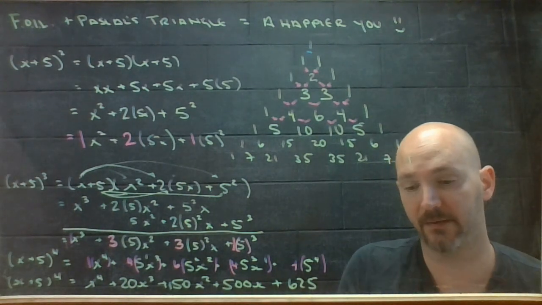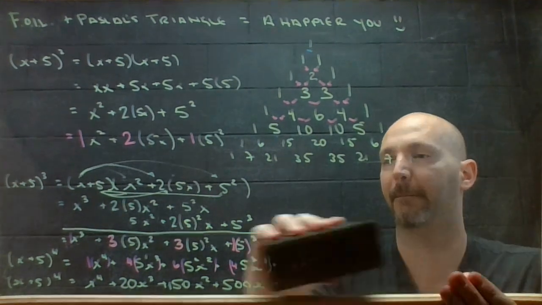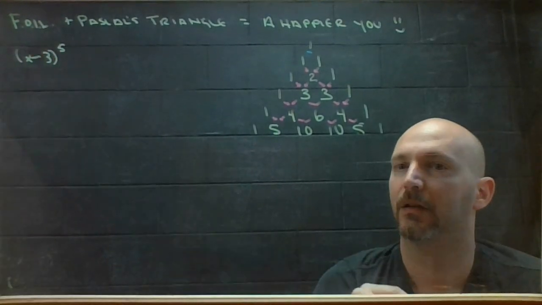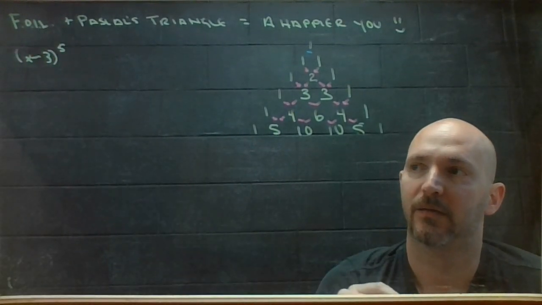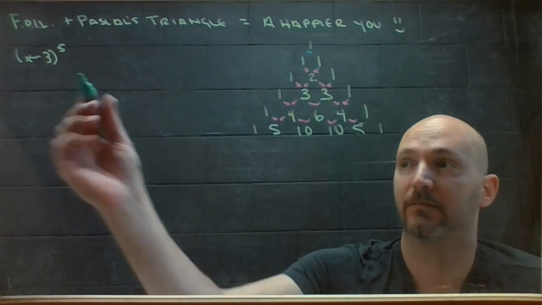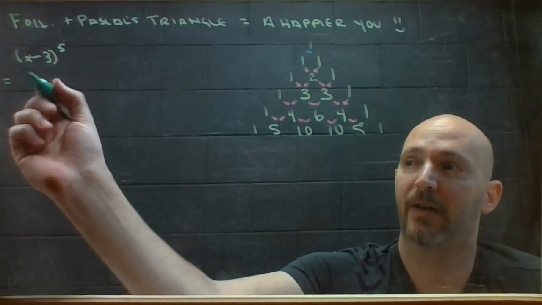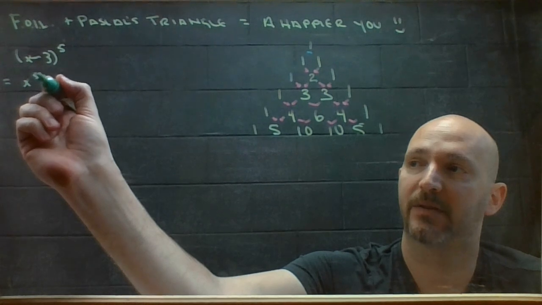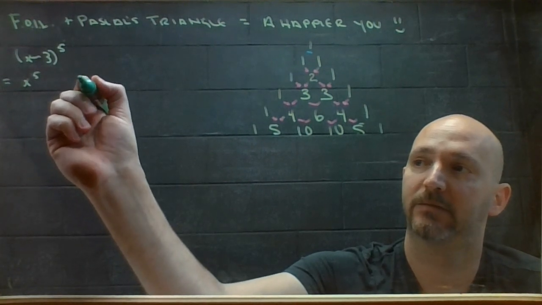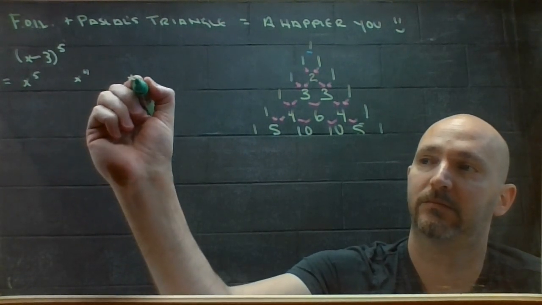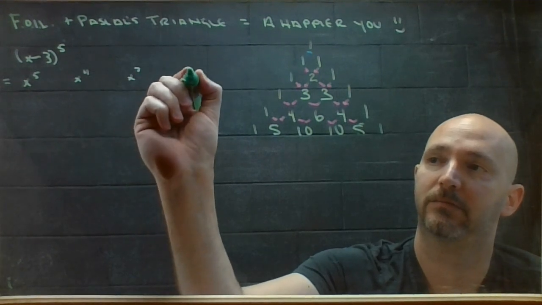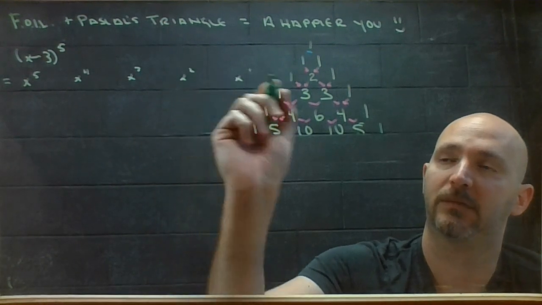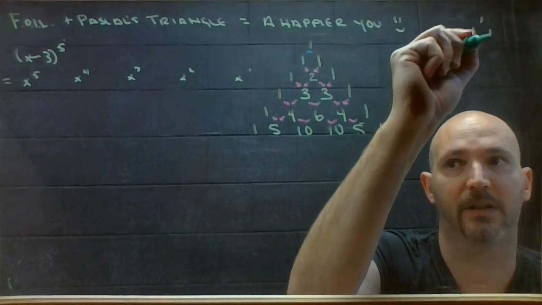I'm going to clean this off. I'm going to try one with the negative. So I see a power 5 there. Because I see a power 5, I know I'm going to need descending powers of x from 5 down. Really should put this over here, shouldn't I?